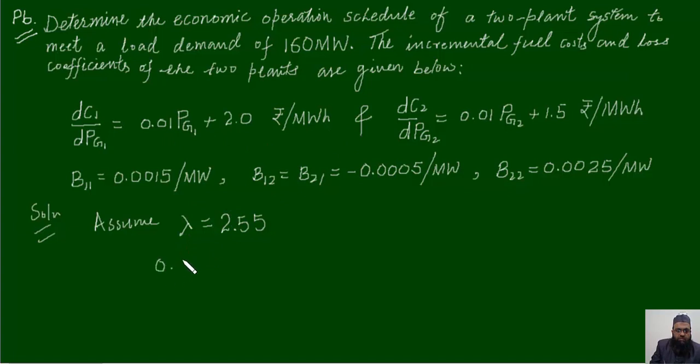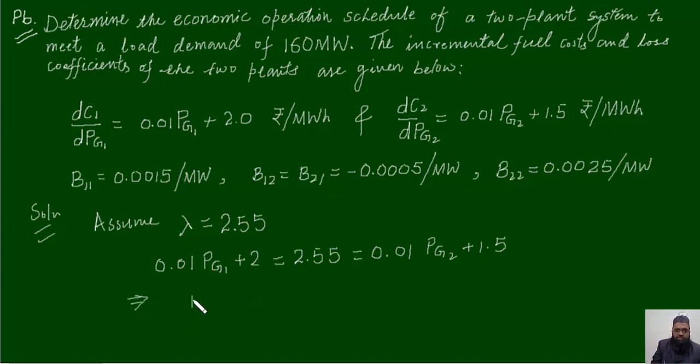That is, 0.01 Pg1 plus 2, from the incremental fuel cost equation of the first plant, will be equal to lambda, that is 2.55, and this will also be equal to the incremental fuel cost of the second plant, so equate this 0.01 Pg2 plus 1.5, and solve for Pg1 and Pg2.